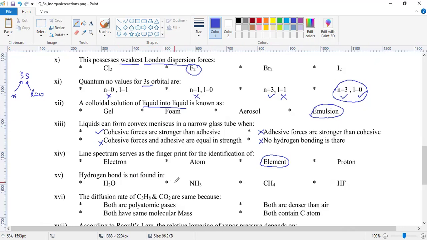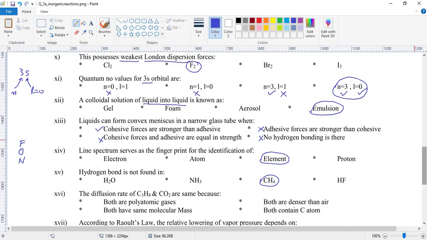Hydrogen bond is not found in CH4 because for hydrogen bonding it is necessary that hydrogen is bonded with any of these three elements: fluorine, oxygen, or nitrogen. So here hydrogen is bonded to hydrogen, here it is with nitrogen, and here it is with fluorine. So these all form hydrogen bond except this one.